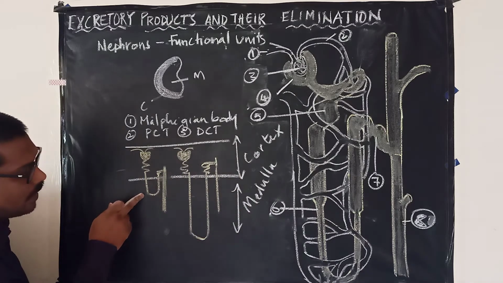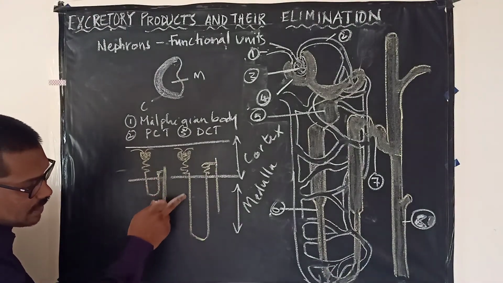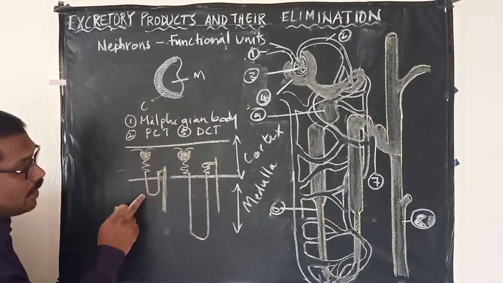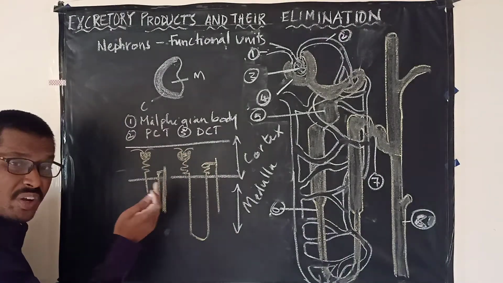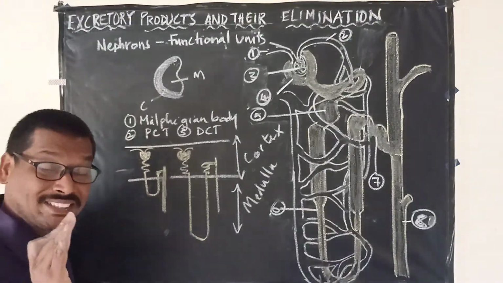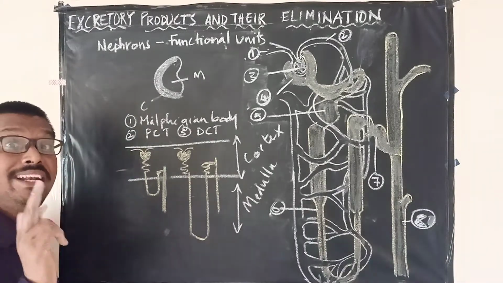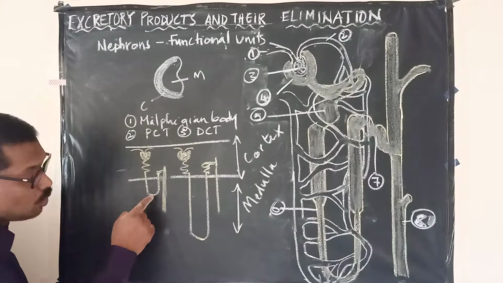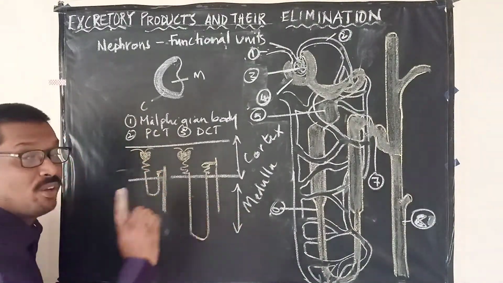Now if you are seeing here, the Henle's loop has a descending limb and an ascending limb. In the majority of the nephrons, the Henle's loop is just dipped into the medulla.